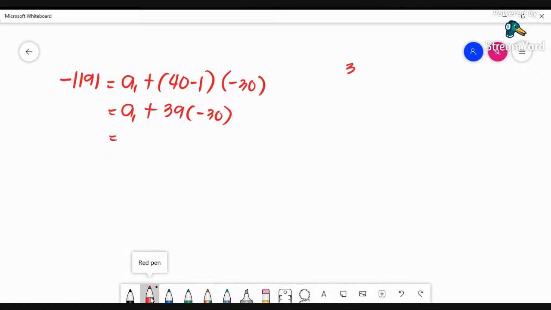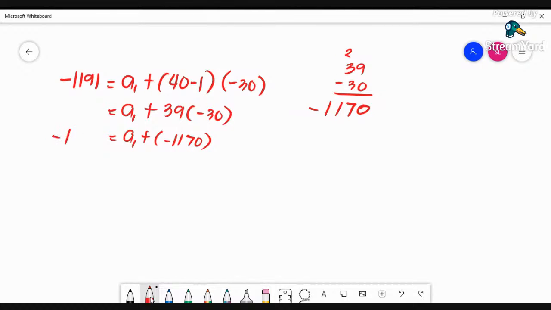So 39 times negative 30 is negative 1,170. So A sub 1 plus negative 1,170 is equal to negative 1,191.